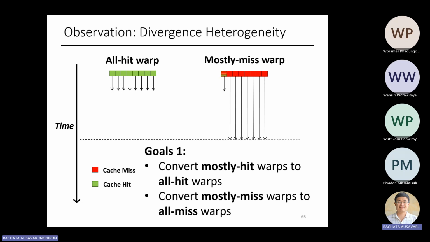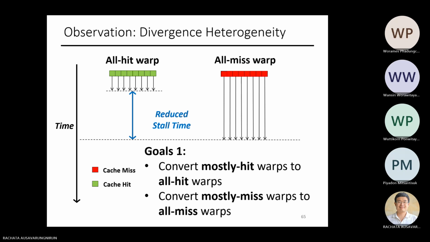Most of them are misses. If I try to cache them, it's not going to give any benefit. So I will just deprioritize them so that they become all misses, to make more room in the cache. That's our first goal. This way, we can reduce the stall time of the mostly-hit warps, because now they're all hitting in the cache.